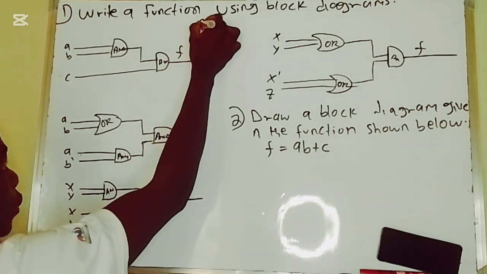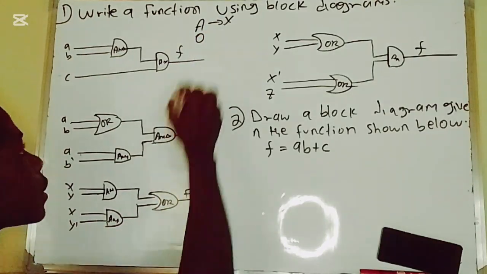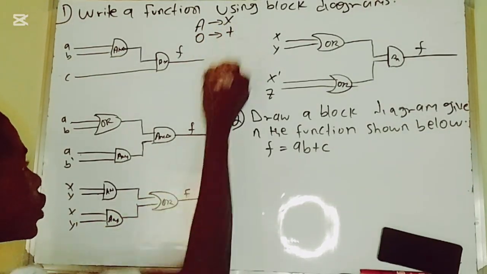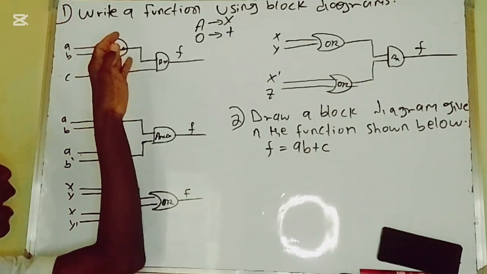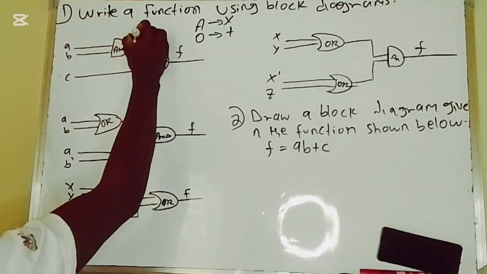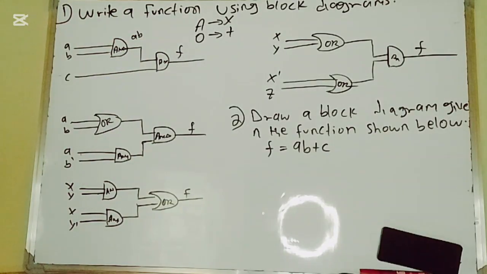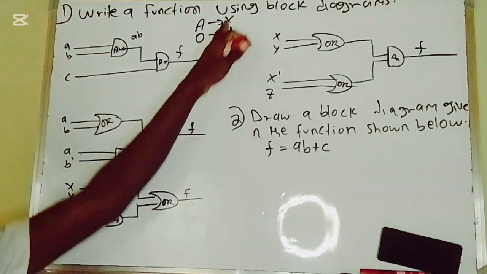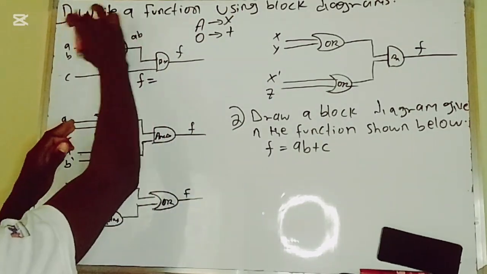Whenever we see an AND gate, we're talking about multiplying, and whenever we see an OR gate, we're talking about addition, which is plus. So let's take a look at this question. We have two inputs with one AND, so the output of this will be multiplication, which is A times B. This AND is also multiplication.